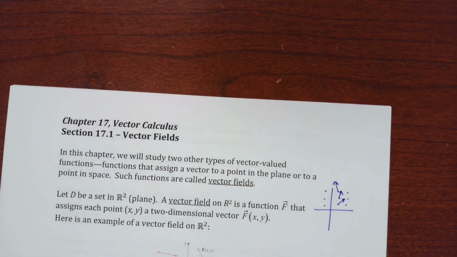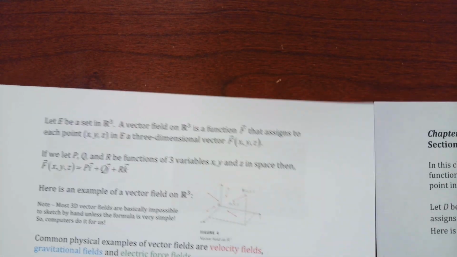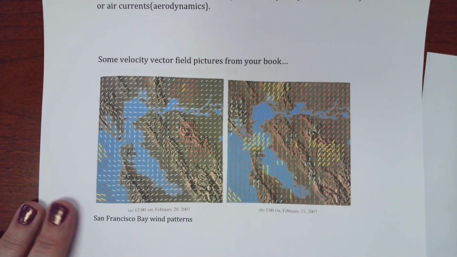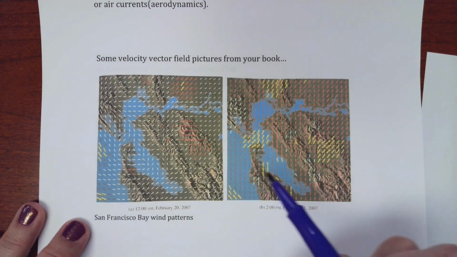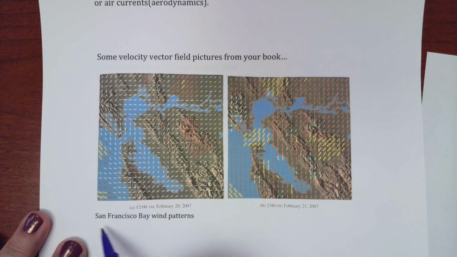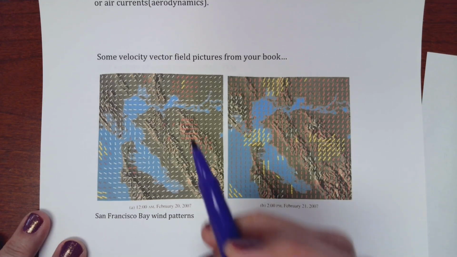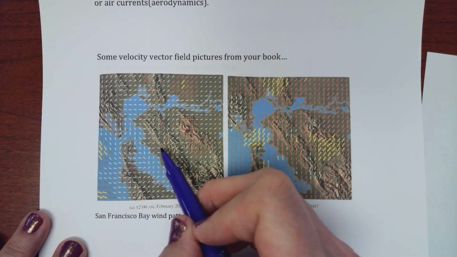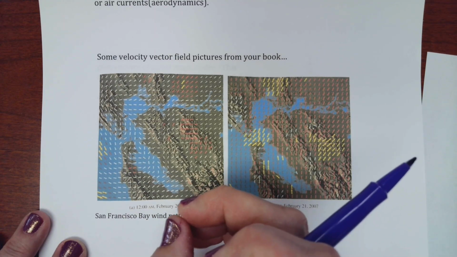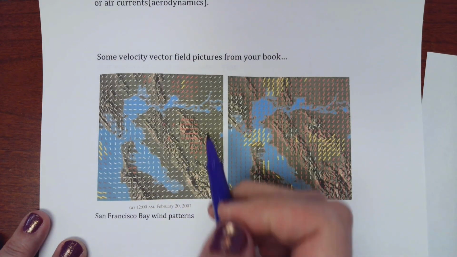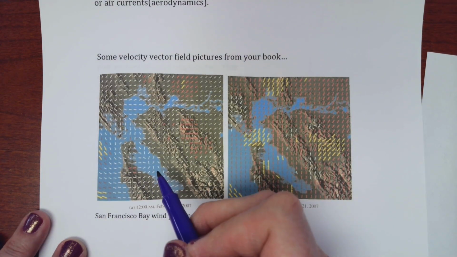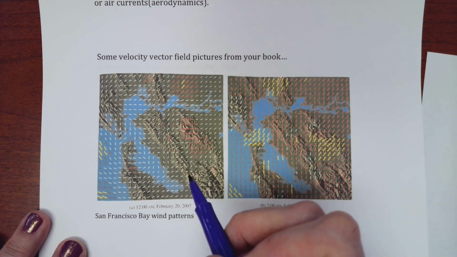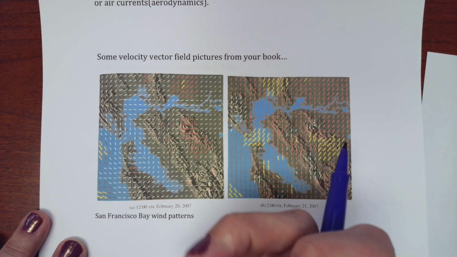And actually, I'll just jump ahead. There are some vector fields, like this picture from your book. This is a vector field showing you San Francisco Bay wind patterns. The little arrows do have different lengths, but what has been done here is they're all made the same length, and instead color is used to denote the strength.